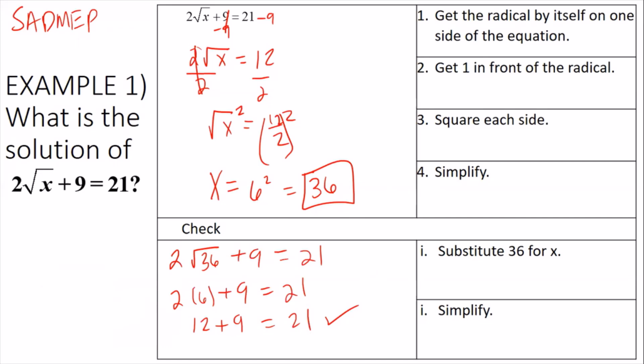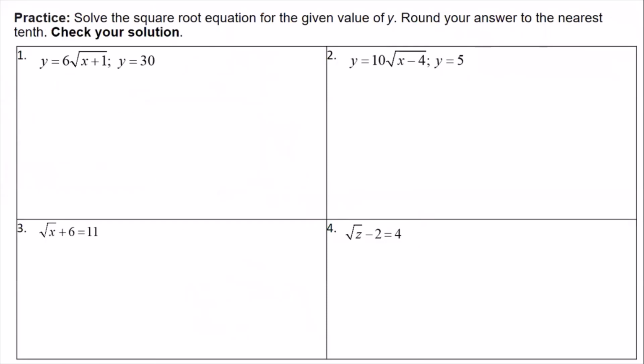All right. So these are considered our easier type problems. What I would like for you to do is these 4 problems. I'll give you about 4 minutes. Before I let you go, we're going to set them up together. On the first 2, they tell us what our y is.